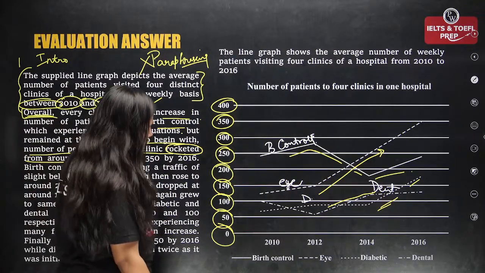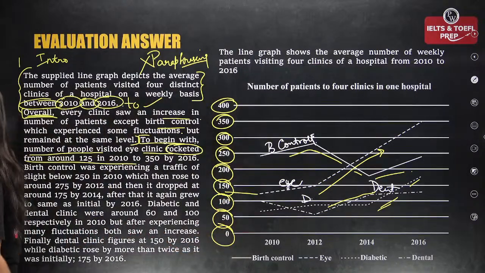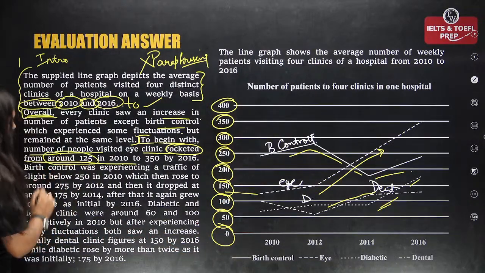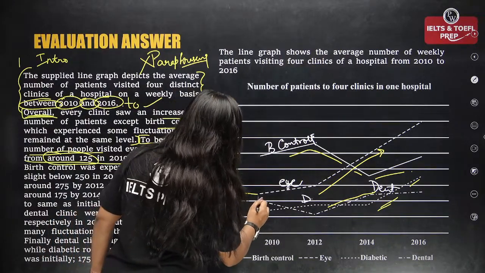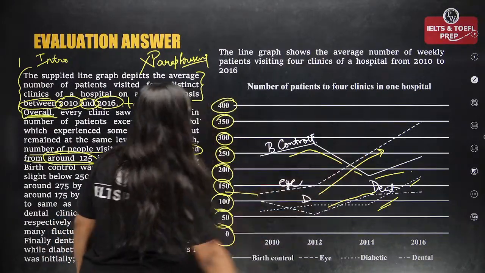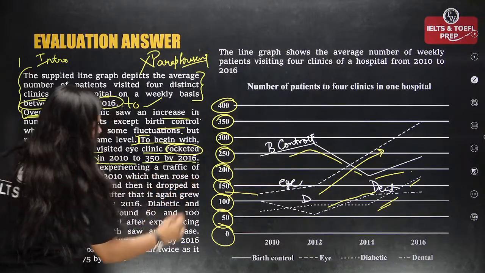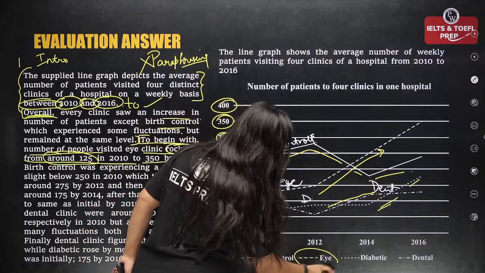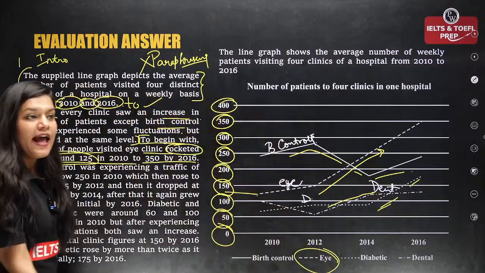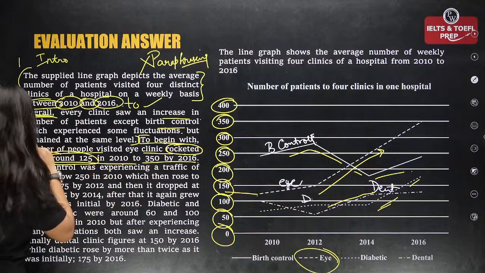So, let's have a quick look at it. Is it 125? Around 125, very good, amazing, approximators are being used. Now, around 125, it ranged to 350 by 2016. Okay, fine. So the student has taken one section from here, explained it and ended it. Fair enough.